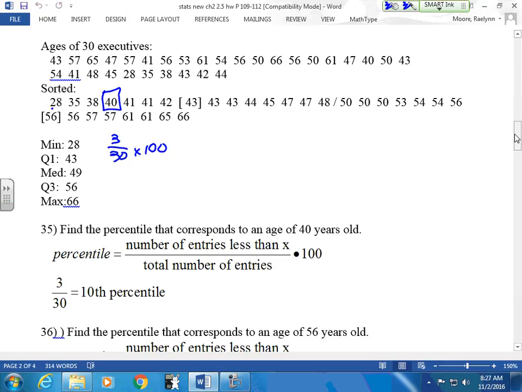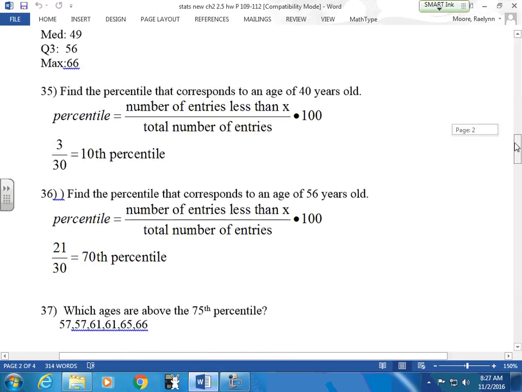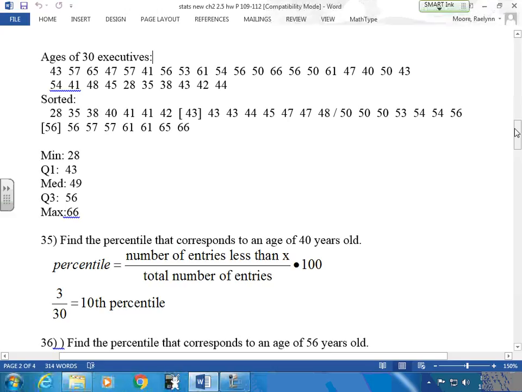Okay, use this formula. What you might want to do is make sure you either sort it in your calculator or rewrite them out. Go through your calculator and count them. You need to have them in order. Find the one that corresponds to 56. Technically you should start with the first one.